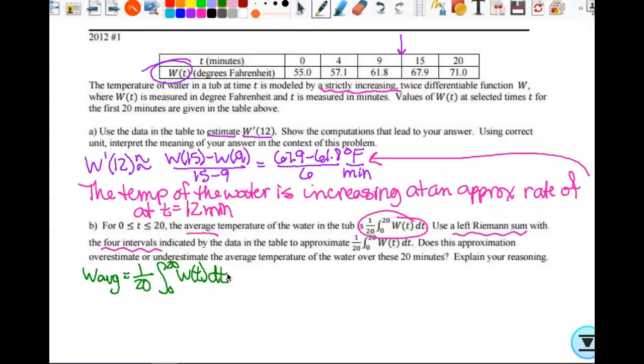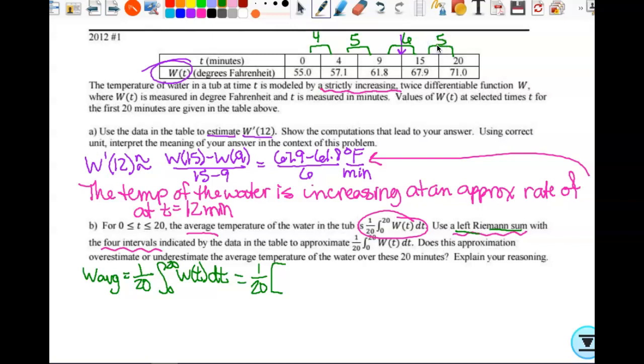So this is equal to 1 over 20 times, and this is where we're going to use our left Riemann sums with 4 intervals. Here's my 1, 2, 3, 4. So this difference is 4, this difference is 5, this difference is 6, this difference is 5.